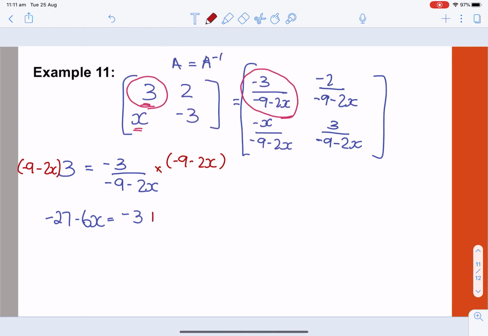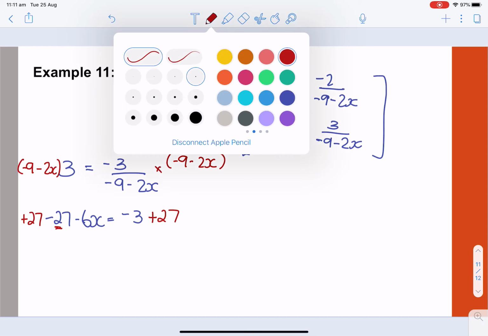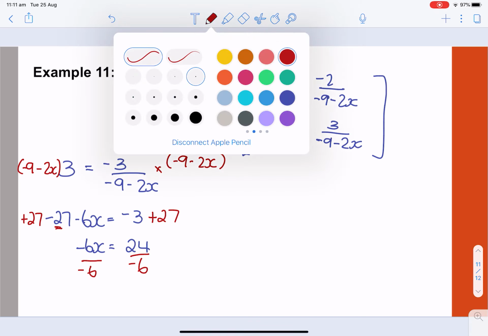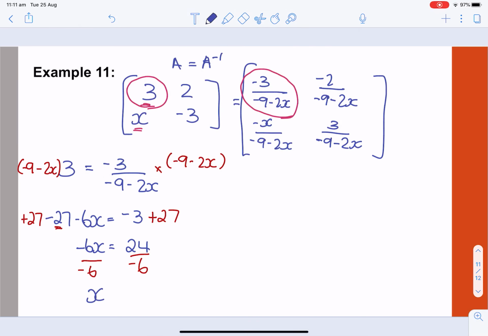Now I'm going to add 27 to both sides to get rid of this guy here. So I've currently got minus 6x equals 24. Then divide both sides by minus 6. And I end up with x equals minus 4.